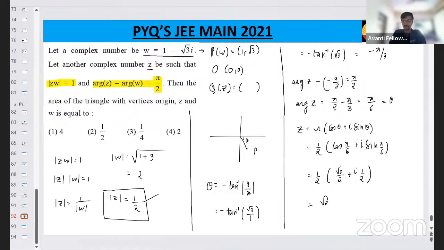That means Z is root 3 by 4 plus i into 1 by 4. What is this? Z आ गया. अगर Z आ गया, that means I got the coordinates of Q, which are root 3 by 4, comma 1 by 4. Correct?